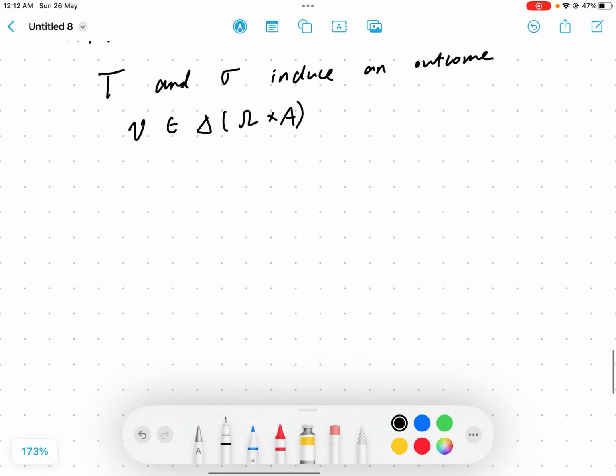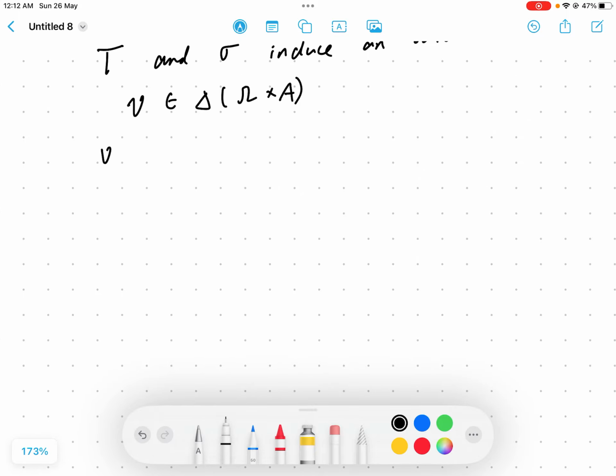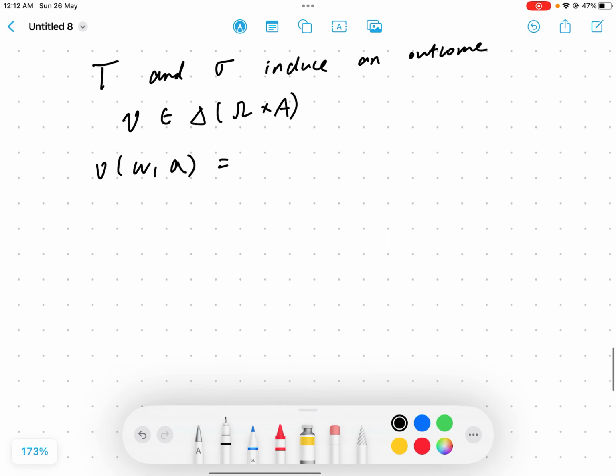Specifically it means that this is given by the summation over all the possible strategies. We multiply all those strategies and the corresponding information structure or the corresponding signal, and then sum them over all the signals.